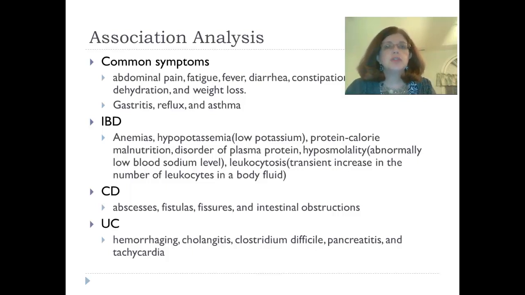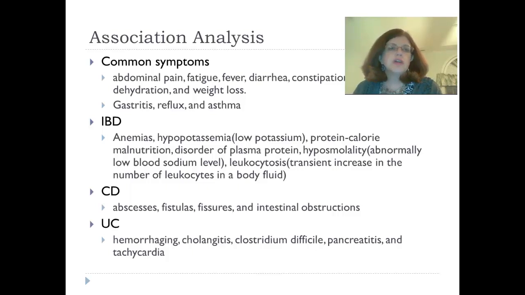Let me stop and say we went out and looked at patient advocacy groups and found what were the conditions or diseases that went along with IBS or CD and UC, and used that domain knowledge to help us evaluate the left-hand side of the rules that we found.